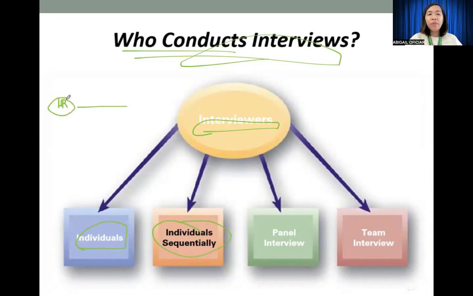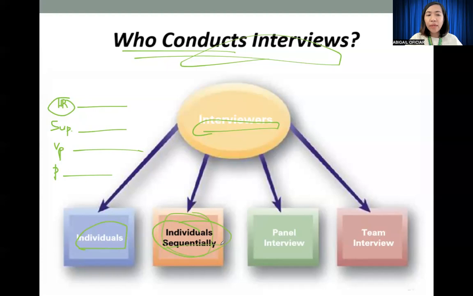After ng HR, pupunta siya sa supervisor or future supervisor. Okay? After ng interview kay supervisor or future supervisor, kay VP. Okay? Then after nun, kay president. So this is an example of individuals. Individual si HR, si supervisor, si VP, at si president.